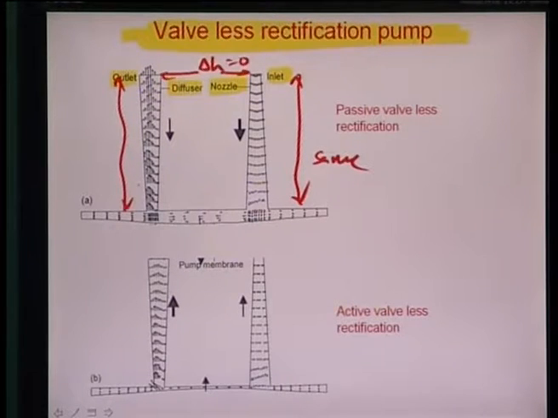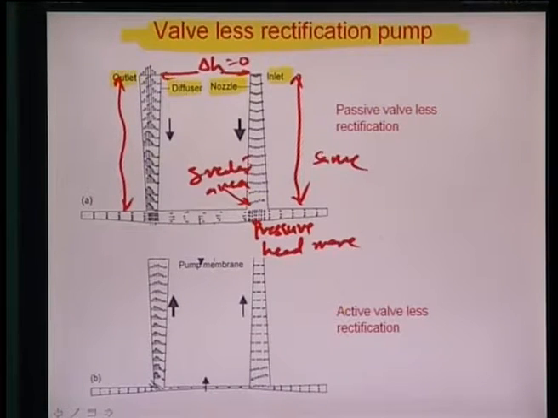Therefore, because of the greater cross sectional area here, the pressure head would be more and the velocity head would be less.